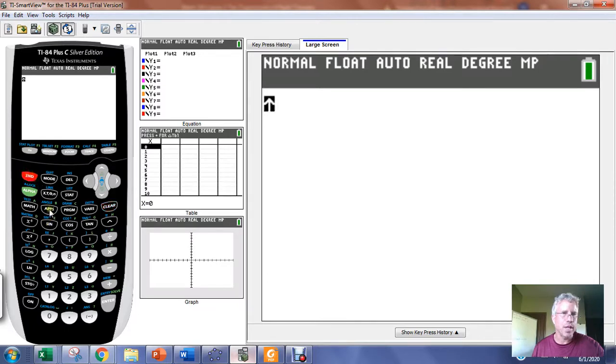You have to go second sine to get to the inverse function notation, or second cosine to get to the cosine inverse notation, or second tangent to get to the inverse tangent notation. So only on your graphing calculator, usually only the sine inverse, cosine inverse, and tangent inverse have keys that go with them.